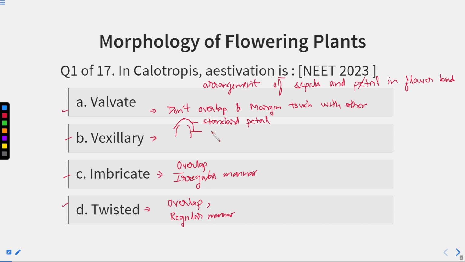So these are the lateral petals, also known as wings. Then further, these two lateral petals overlap two anterior petals.